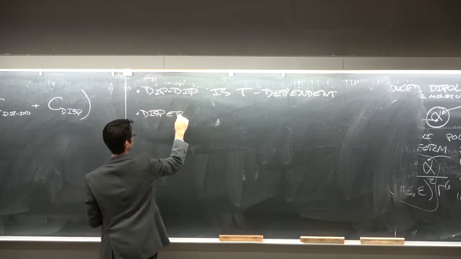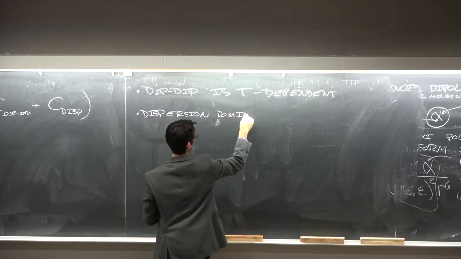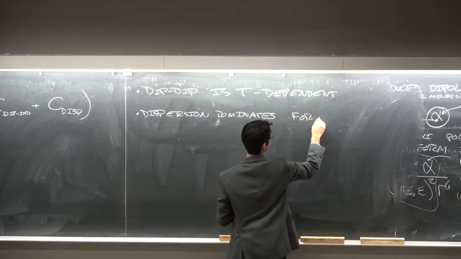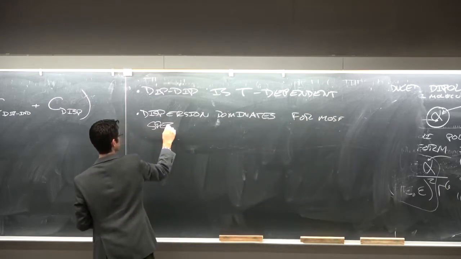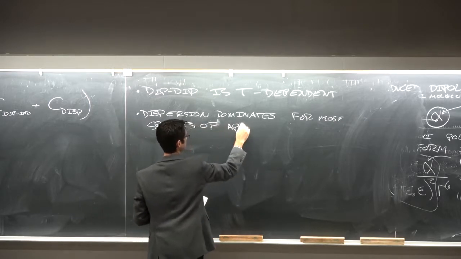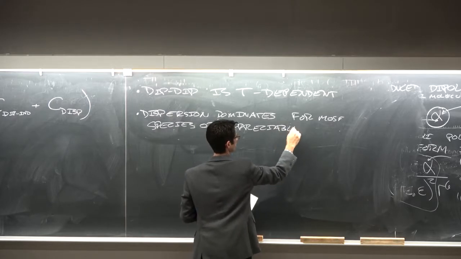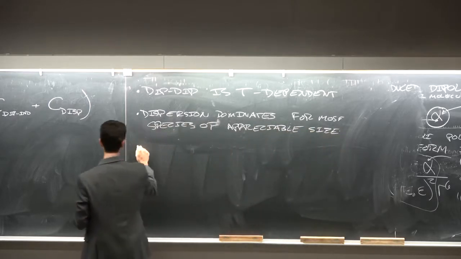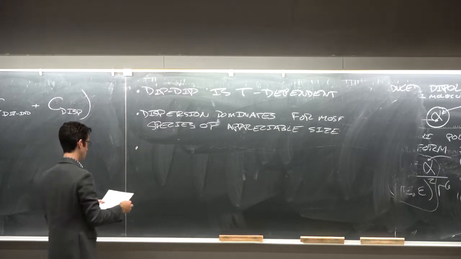Dispersion dominates for most species of appreciable size. Unless you have just a ridiculously strong dipole in a small molecule.